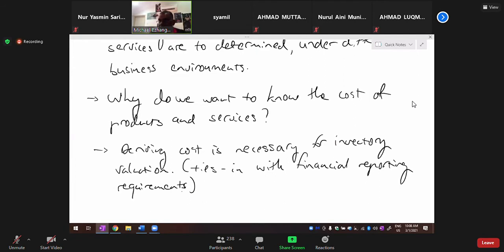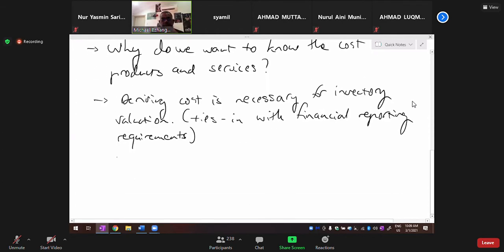Now, again, I repeat, we're not doing audit right now, and we're not doing financial reporting, we're doing costing. But I'm trying to explain to you how costing connects with financial reporting, how they overlap. And this is one area, deriving costs necessary for inventory valuation, right? That's one.